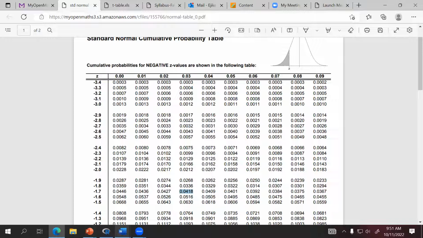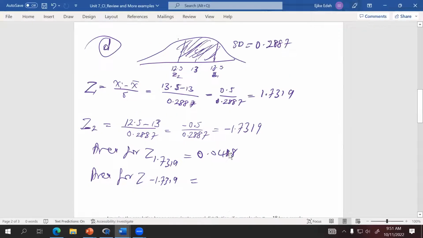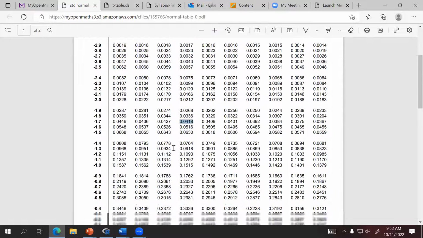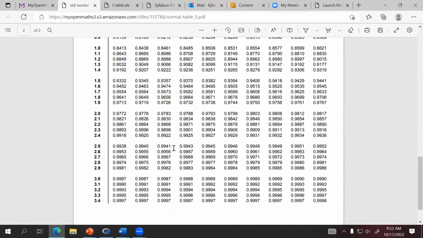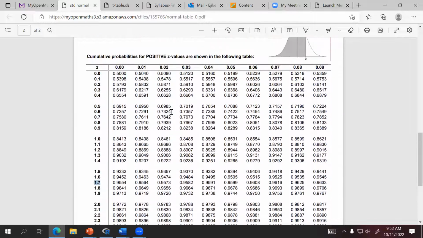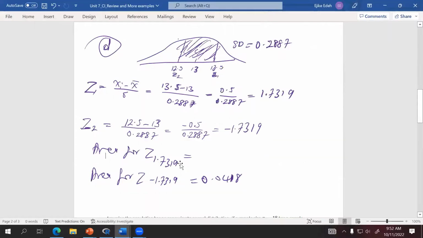Now let's look for the positive one, positive 1.73. So positive 1.7 underneath 3 will give us 0.9582.